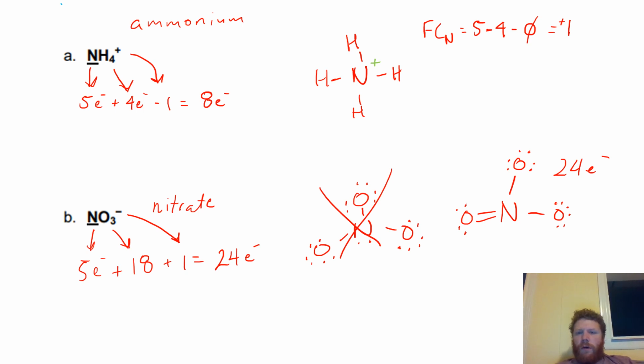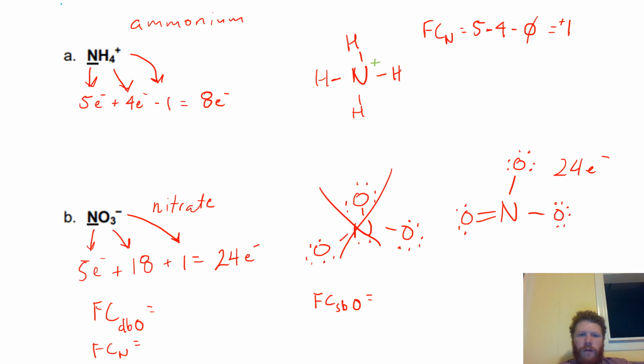Is this the right structure? What you can do is calculate formal charges. We've got two different kinds of oxygen here: a double bonded oxygen and single bonded oxygens. So I'm going to say FC DB for the double bonded oxygen, and we can calculate that. We could also calculate our FC sub N and our FC for the single bonded oxygen, SB.